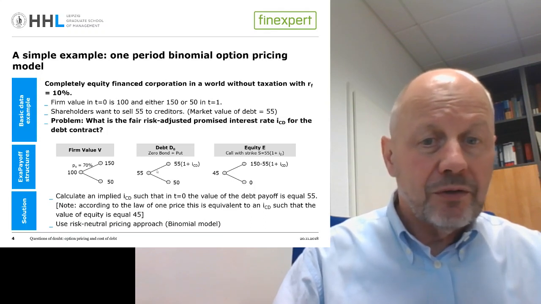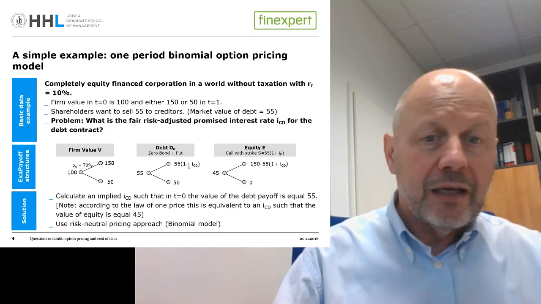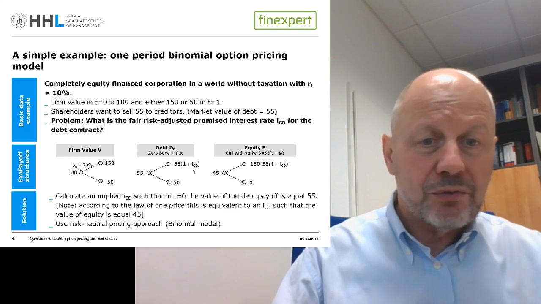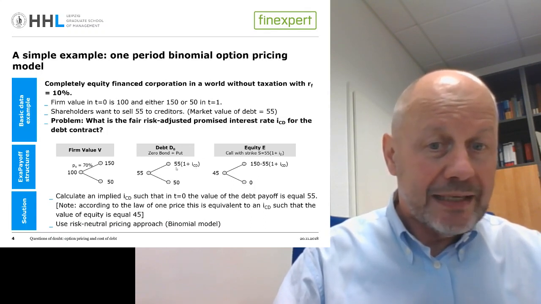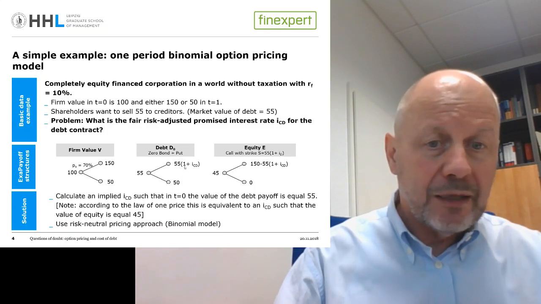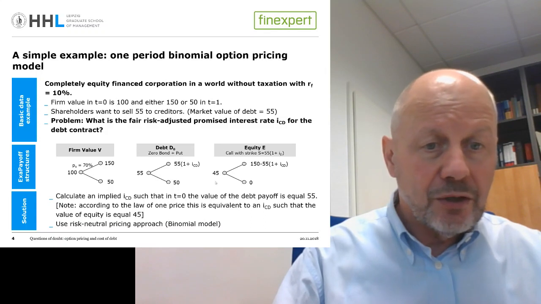But in the good state, they get their 55 back. This is the redemption. And on top of this, they get this promised interest rate. So their payoff is 55 times 1 plus the promised interest rate.